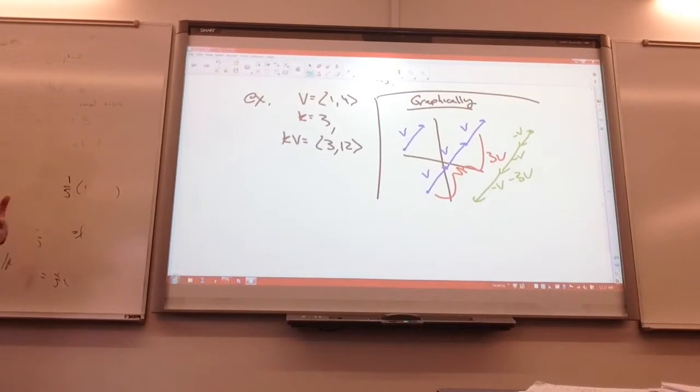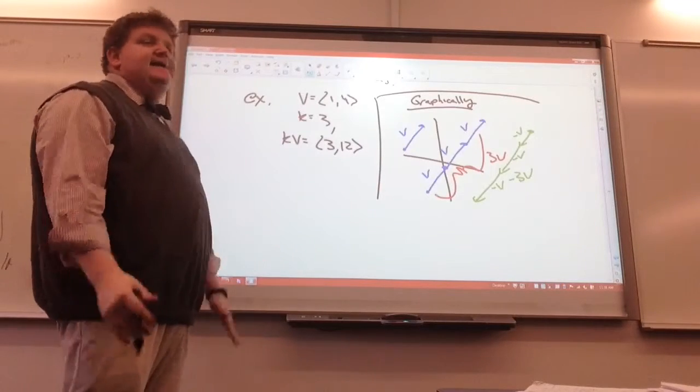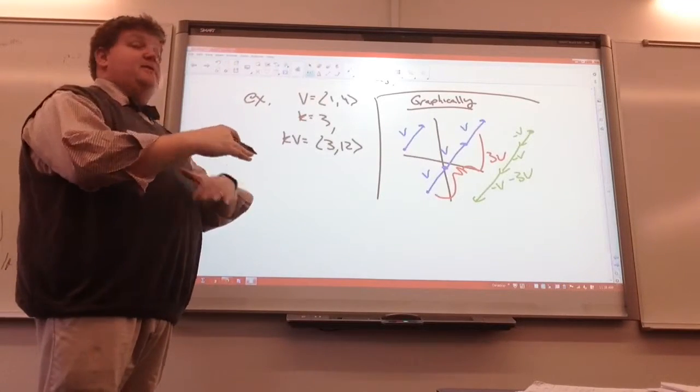So scalars will grow or shrink a vector. If I use a number bigger than 1, my vector is going to get bigger. But if I multiplied it by a number between 1 and 0, it's going to shrink, so my vector is going to get smaller.